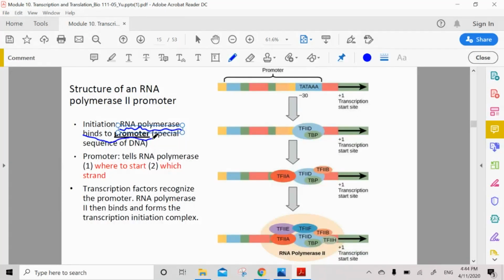So the polymerase can recognize the promoter region. So the promoter region is a special sequence of DNA that's located right upstream of the actual gene. So let's say this is the part of the gene that actually codes for proteins. Okay?